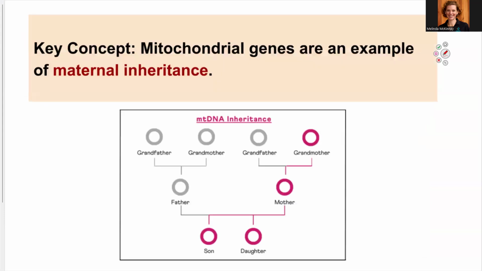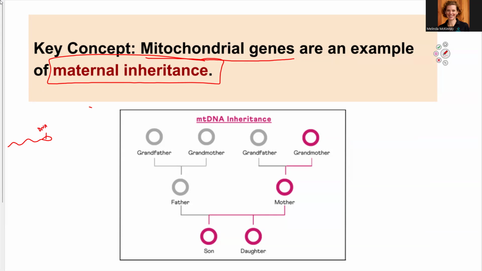Another concept, so I'm shifting gears a little bit here, is the idea of mitochondrial genes, and they are inherited only through the mother. So this is called maternal inheritance. So for organelles that are passed down, if you have a sperm coming in, the sperm's actually really little, and it basically has some DNA in here, but not much else.